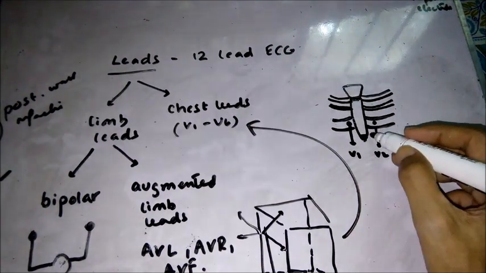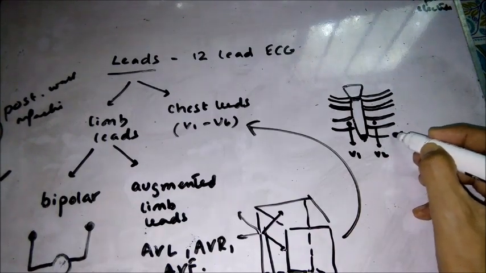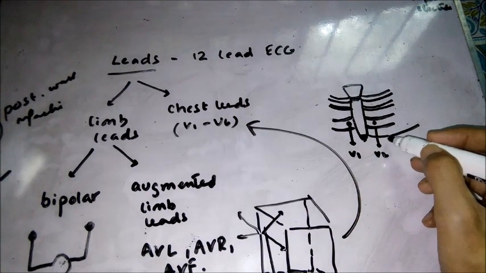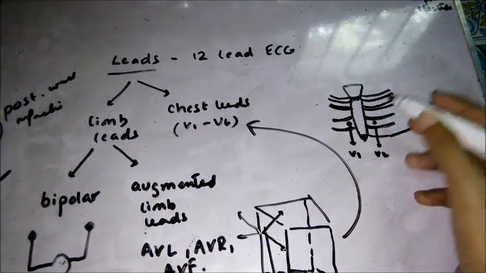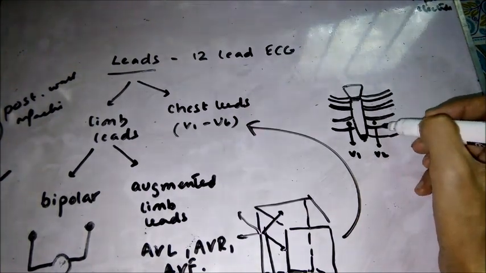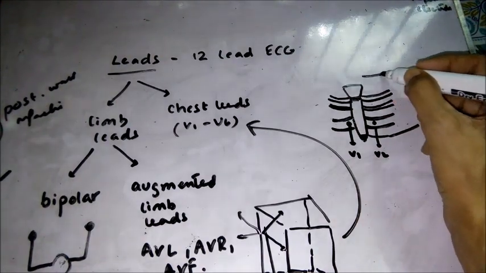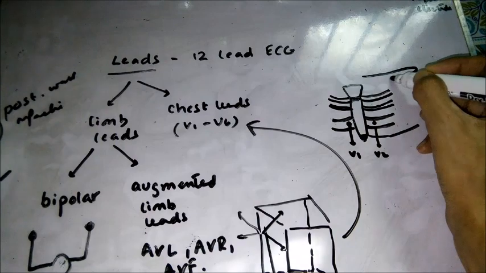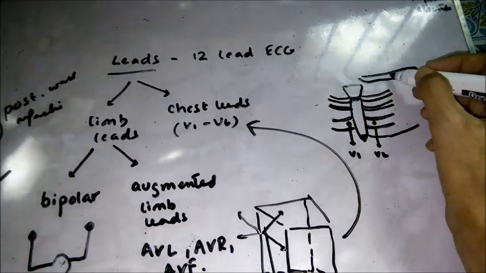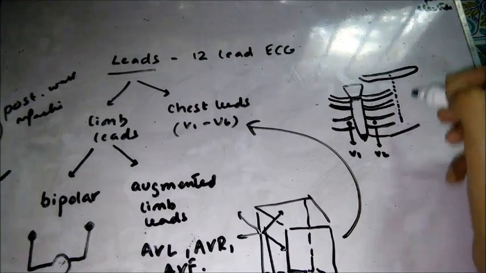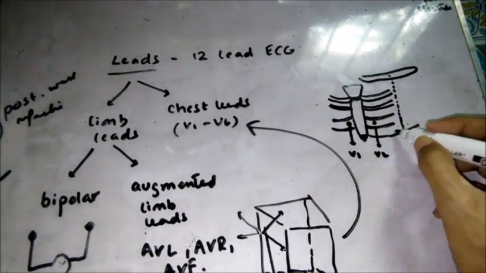right? Beneath the fourth intercostal space you have the fifth intercostal space. Second, third, fourth, fifth, and this is the fifth intercostal space. Then you will find the mid clavicular line, in the center of the clavicle, in the fifth intercostal space.